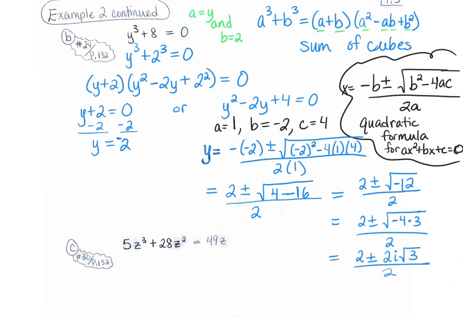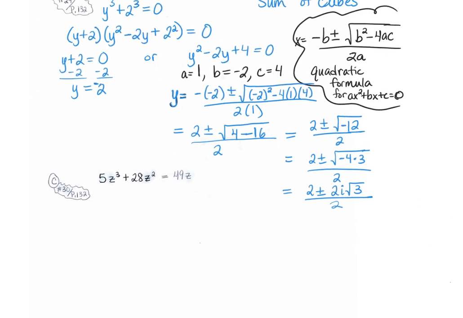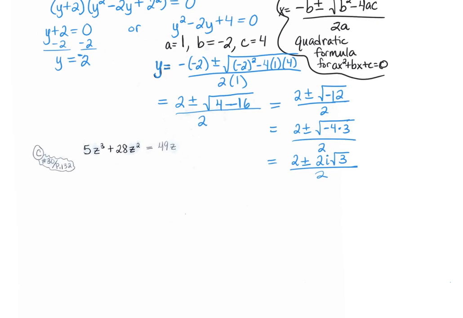Now notice that we can write this as 2 times the quantity, 1 plus or minus i times the square root of 3, all over 2.